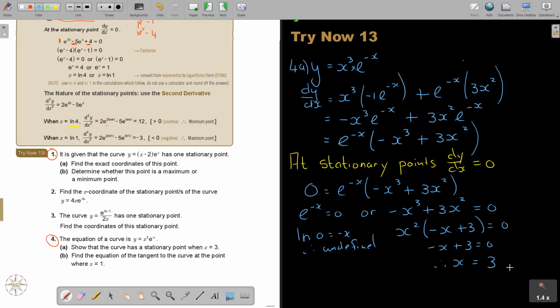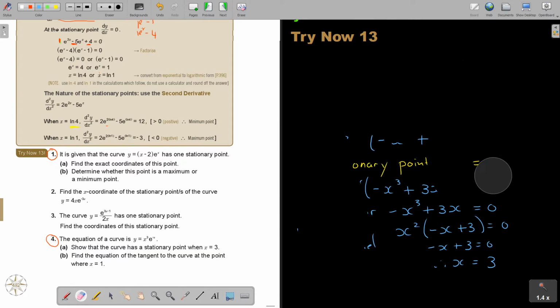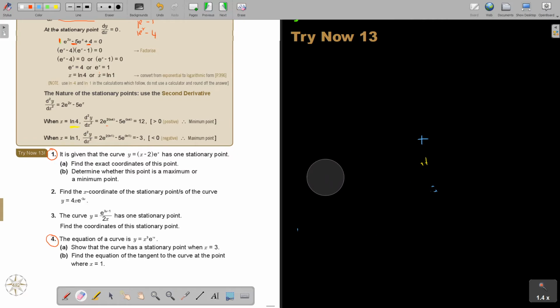Now I go on to number B. Let's just say, find the equation of the tangent to the curve at the point. It's nothing to do with A, so I can clean A and then start with B. It's another point they give you, not at the stationary point. Oh, I could have used the formula.